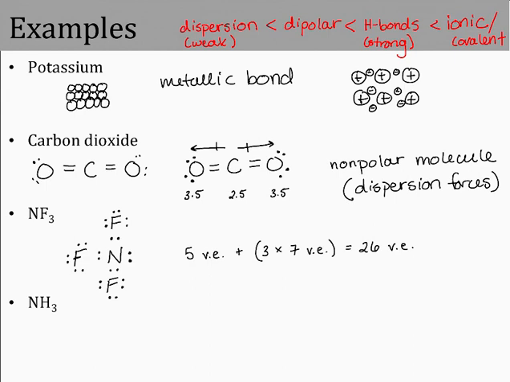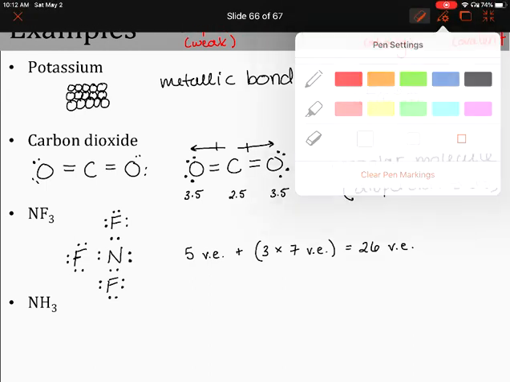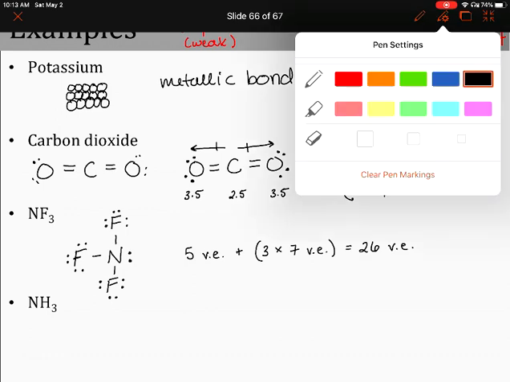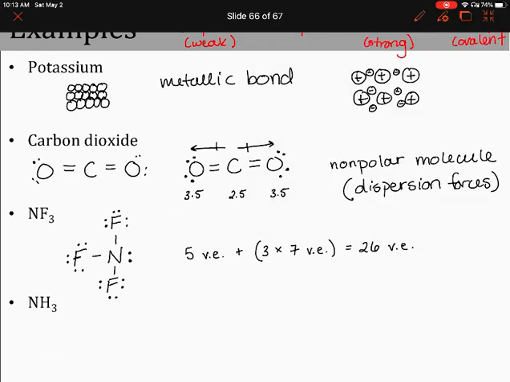So let's redraw the molecule with some lines for bonds in between these different atoms. There we go. Now, let's figure out if this is a polar molecule or a nonpolar molecule. If we look at our chart from a few slides ago, we'll see that each fluorine has a value of 4.0 in terms of electronegativity, and nitrogen has a value of 3.0.